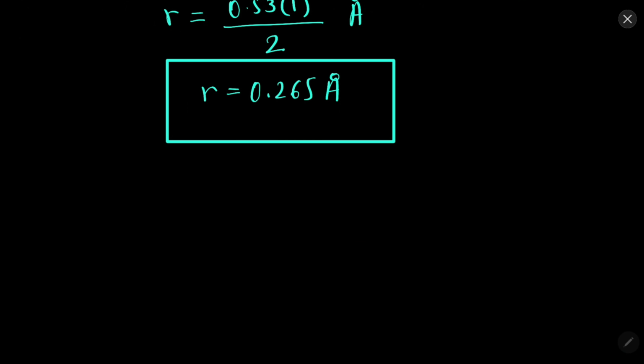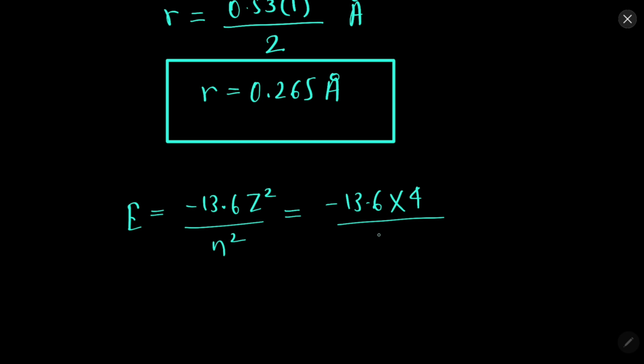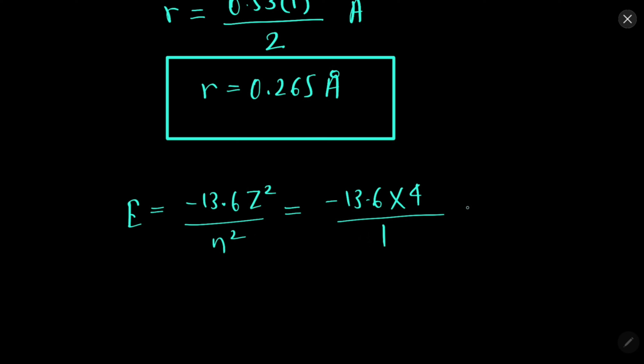Next, energy is minus 13.6 Z square over n square. So minus 13.6, atomic number is 2, so 2 square is 4, over n is 1, so it will be minus 54.4 eV.